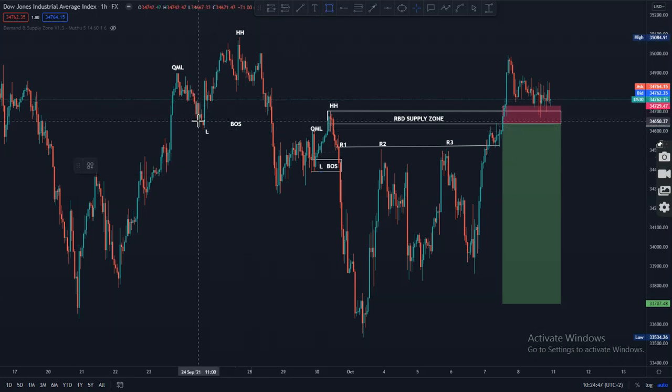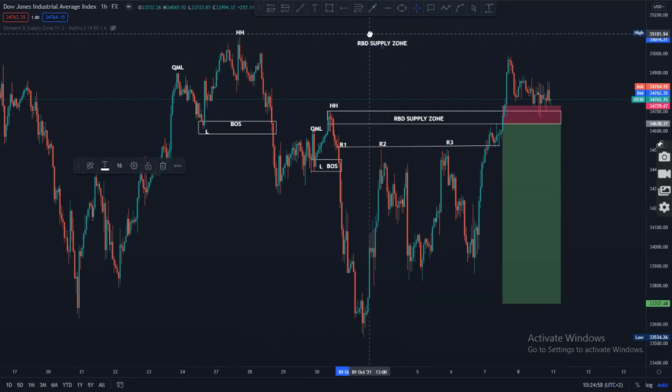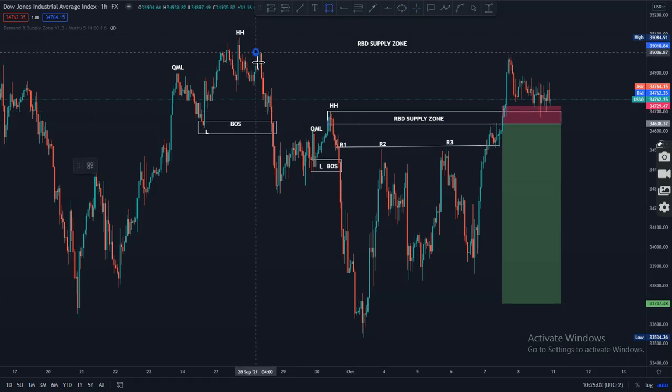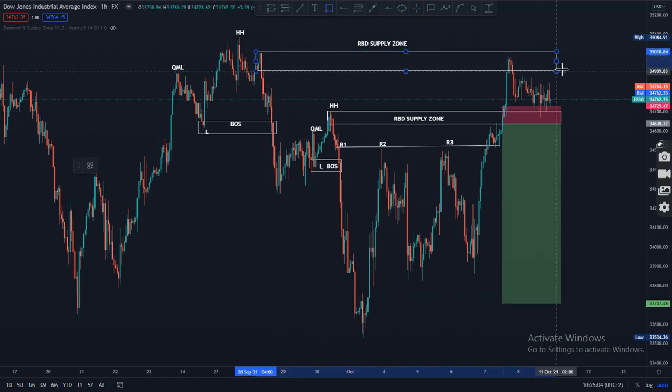Then price broke structure at this level, and of course it was also a rally base drop supply zone. So it was somewhere here. Then this was my fresh supply zone.